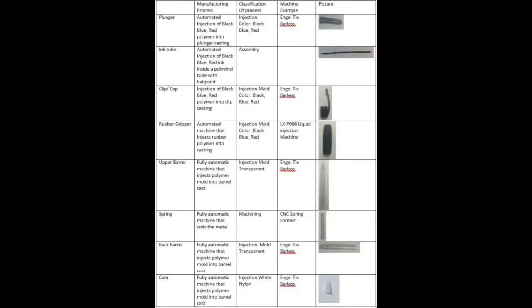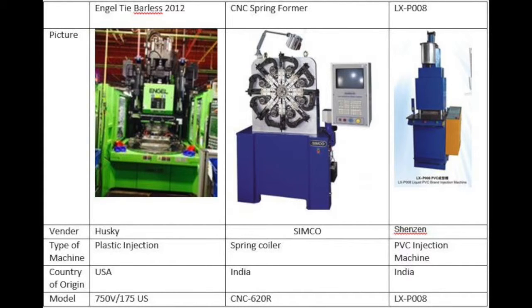Then the ink tube is created from an automated injection of the right color ink inside a polyvinyl tube with a ballpoint on it. And the cap, rubber gripper, barrel, back barrel, and cam are all injected with polymer into the specific mold. All of the polymer injected castings are made from the Engel-Ty-Barless 2012 Husky model plastic injection.